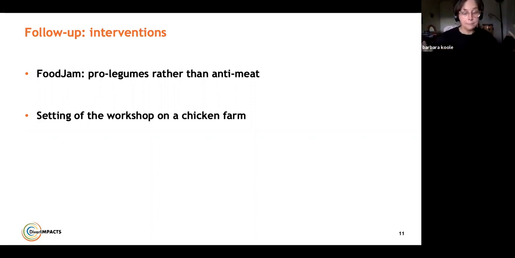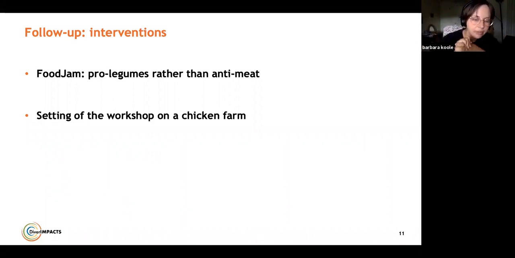So it was really moving in a direction of synergy, so to say, rather than, hey, we don't want this. The focus was going more towards the benefits of legumes. And the third workshop, so this was the second workshop, and then the third workshop a few months later, still within the first year of the project.